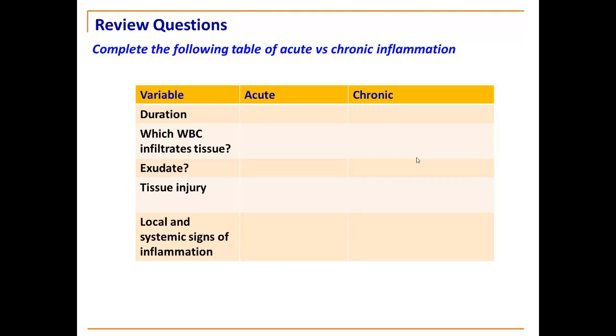So I'd like you to just complete this table comparing chronic and acute inflammation. We've done it once, and all we're doing is a second time. Duration: acute, fast, minutes to days. Chronic, slow, around 2 weeks or longer. Which white blood cell is the primary infiltrate?